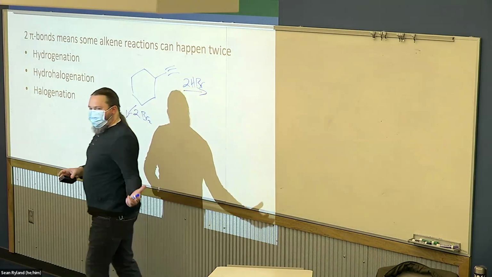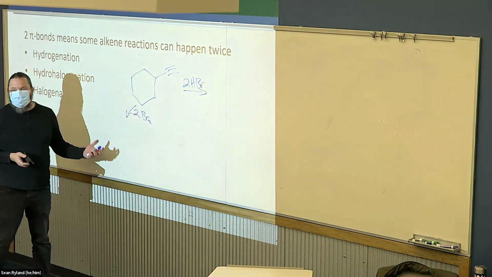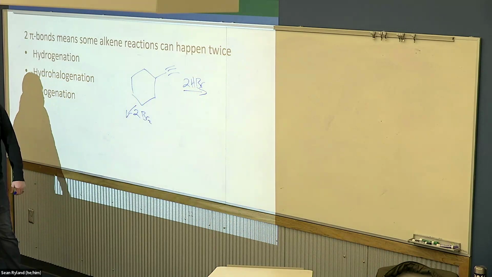So we do still have all the same wrinkles to worry about with alkenes and alkynes. The fact that they can happen sometimes, that's one of the new things. It can happen once but not twice if you run out of hydrogens attached, for instance.